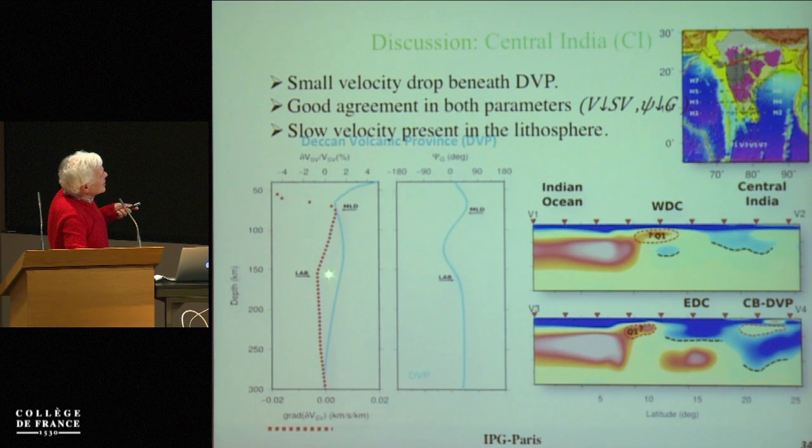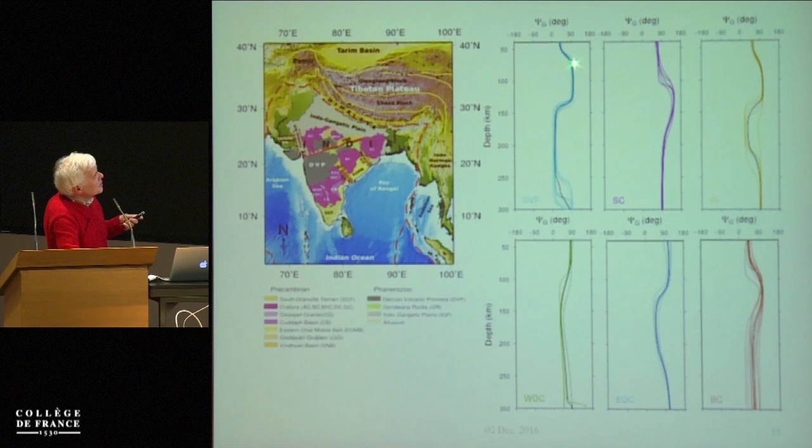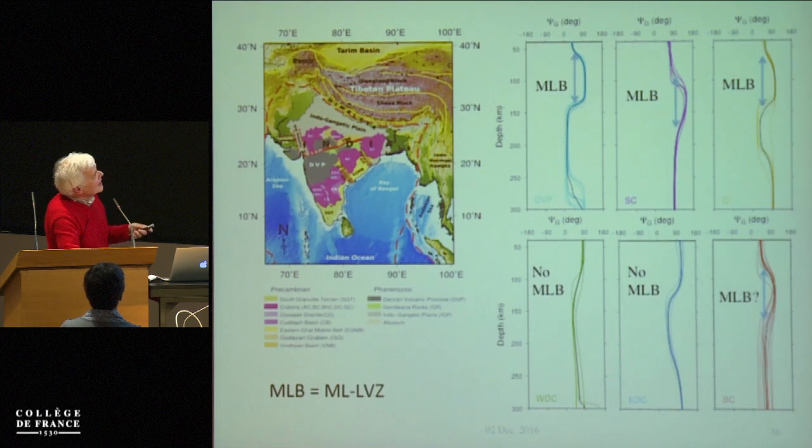In that case, it's about at 150 kilometers. And we did that systematically for the different cratons, and I only show the results for azimuthal anisotropy, and we see that we have some change, and we can associate this change in azimuthal anisotropy to the existence or non-existence of this mid-lithospheric boundary, which is a mid-lithospheric low velocity zone.